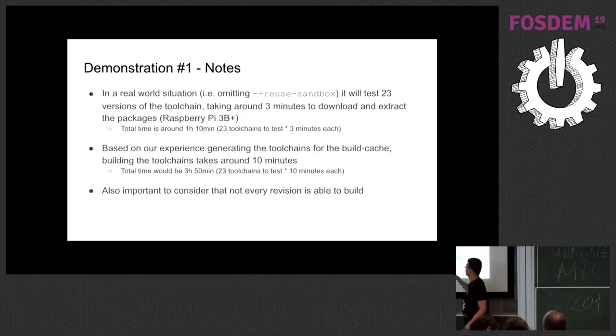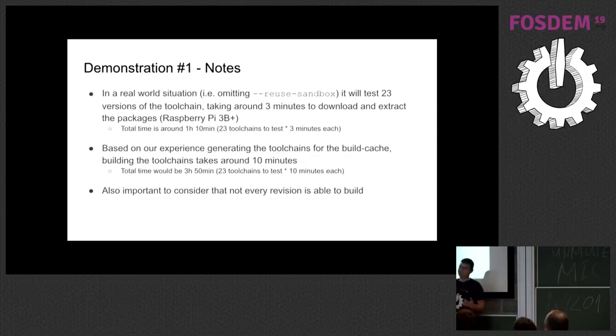In the real world, on a Raspberry Pi, it will take around 3 minutes to uncompress. That's where most of the time is spent. I have a few suggestions on how to fix that in the future, but still 3 minutes is not so bad. And if we do that in the real world, we will have 1 hour and 10 minutes to test 23 toolchains times 3 minutes each, more or less.